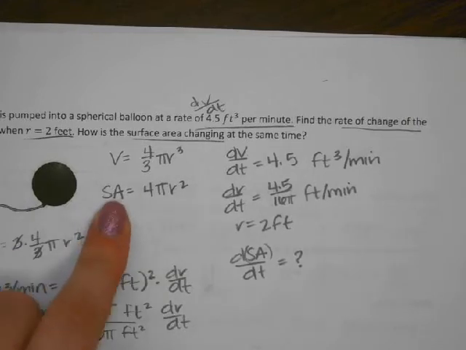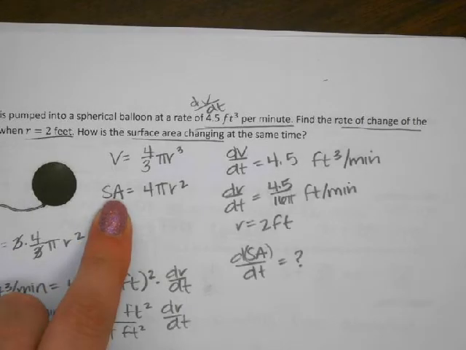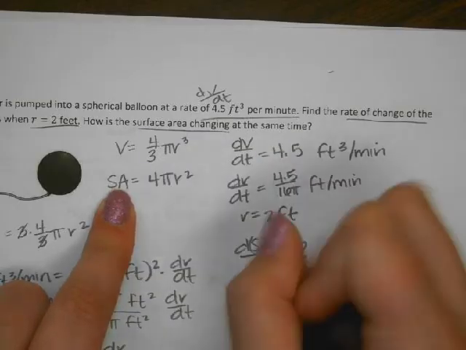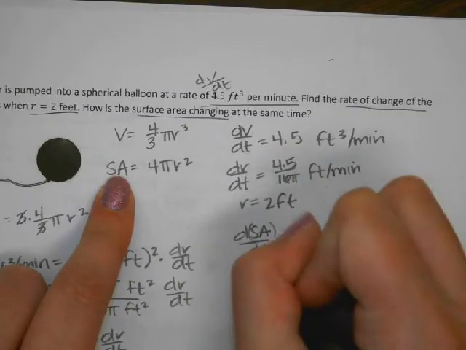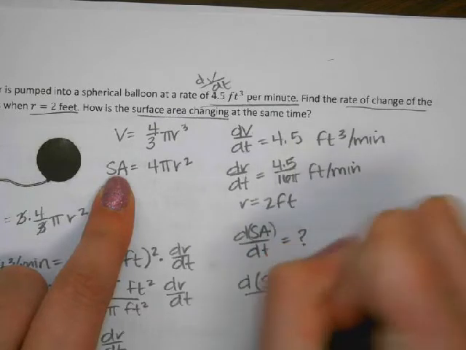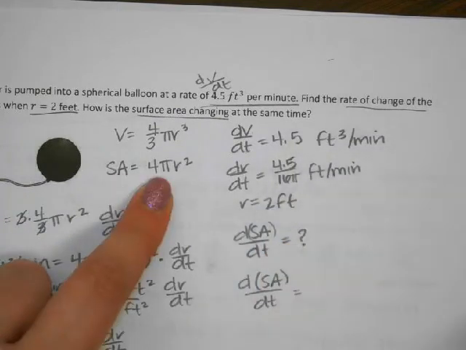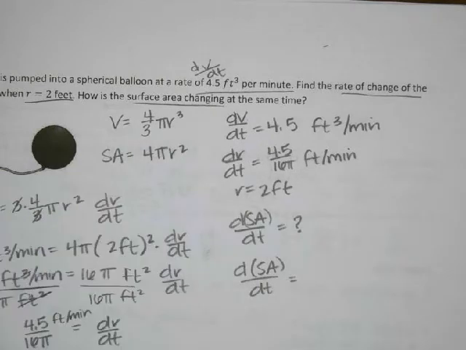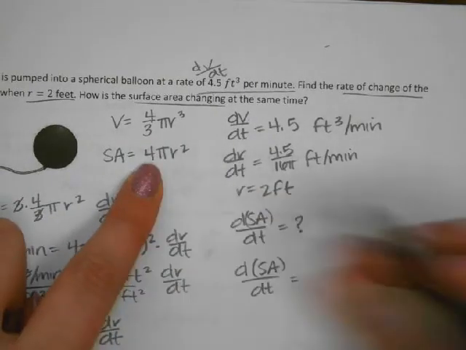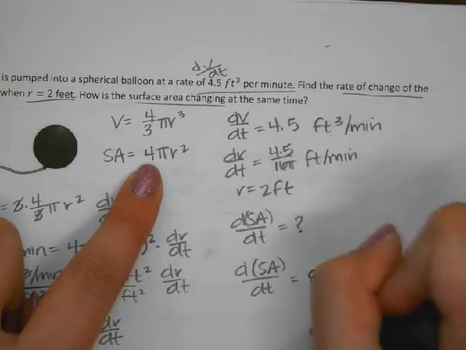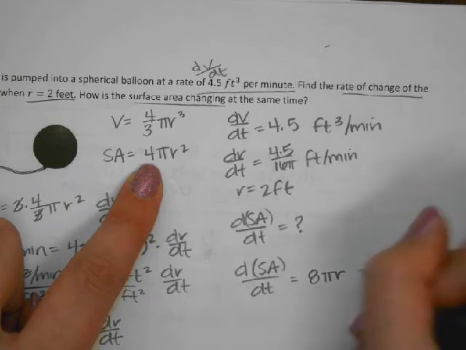Here, the derivative of SA is not a product rule. SA is representing one value. So I'm going to say the derivative of SA is 1 times dSA/dt. And the derivative of 4 pi r squared would be to take the 2 and multiply it in front: 8 pi r to the first times dr/dt.